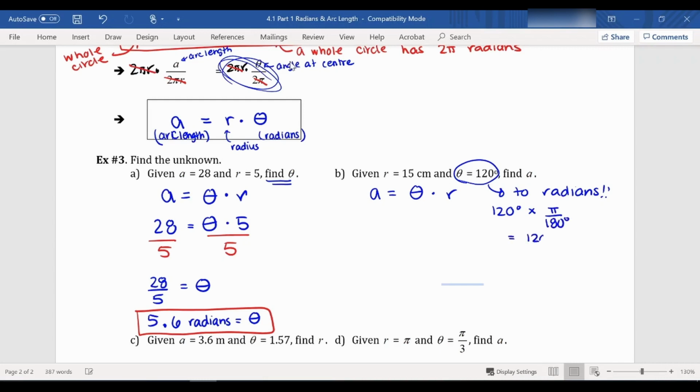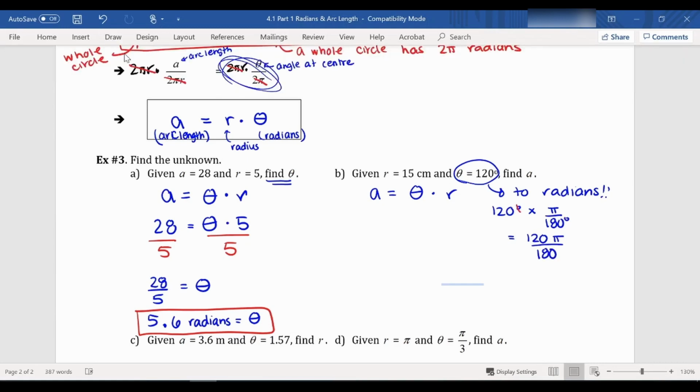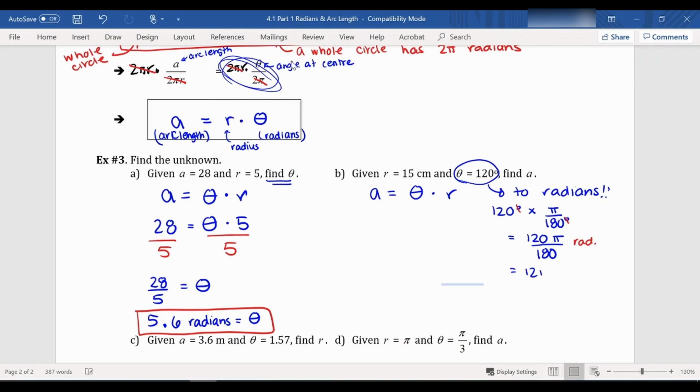This would give us 120 pi over 180. Our degrees cancel out. This would be in radians. If I simplify this, I get 12 pi over 18, or 2 pi over 3. So our theta is equal to 2 pi over 3.